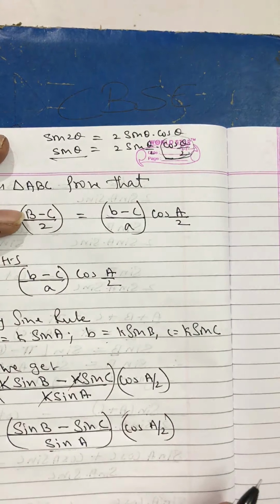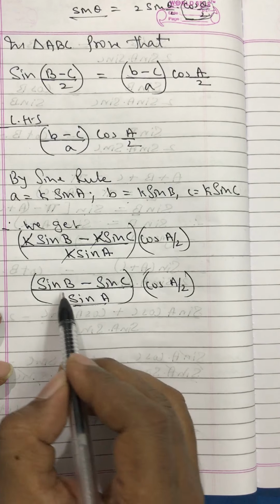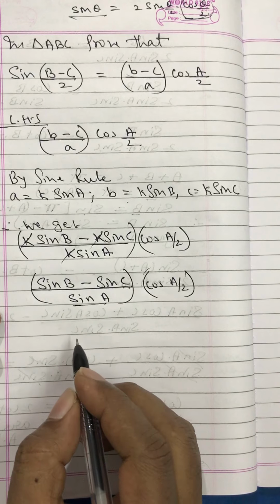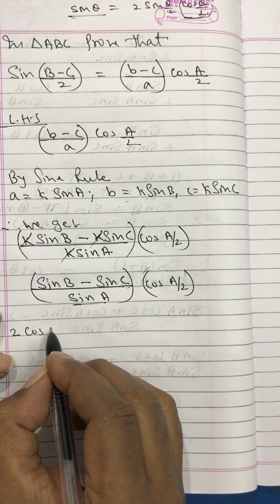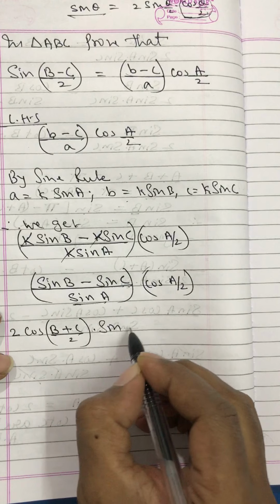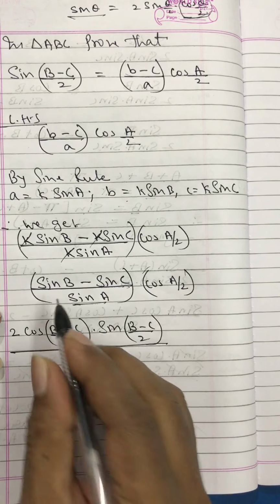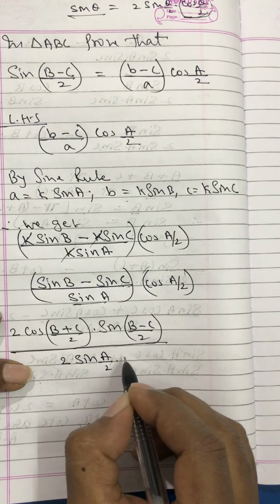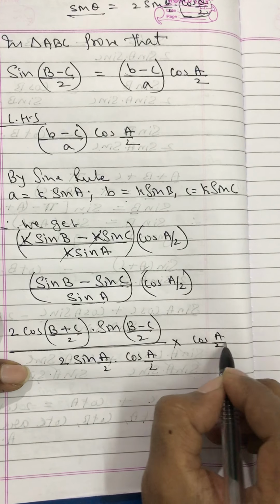So this half angle formula I can use over here for sin A, and trigonometric expansion over here for sin B minus sin C. So sin B minus sin C, I will get 2 cos (B plus C) upon 2 into sin (B minus C) upon 2, upon, this will become 2 sin A upon 2 into cos A upon 2, into cos A upon 2.